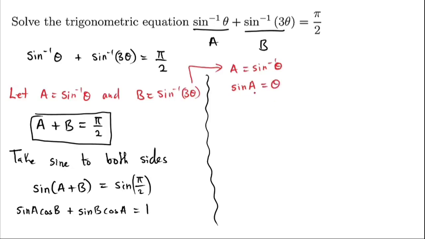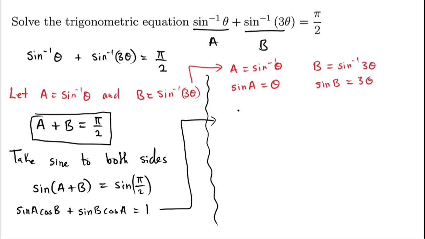Because if you think of it, if we want to find the value of A, we'll say A is equal to the sine inverse of theta. So also B being equal to sine inverse of 3 theta is actually as good as saying sine B is equal to 3 theta.